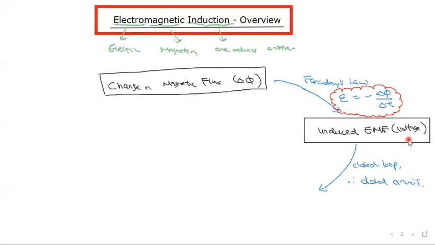And you might know from your previous work in year 11 that if we have a loop and there is a voltage across that loop, then think of it as an imaginary battery there. There isn't really a battery, but there's a voltage. So it just means that this loop will now have a current flowing through it. But of course, there's no actual battery in there. There's just a voltage that was induced. So we will call this an induced current.